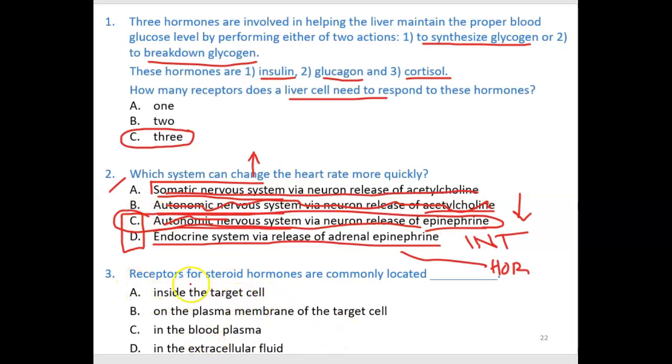Okay, number 3. Receptors for steroid hormones are commonly located where? Inside the target cell, on the plasma membrane, in the blood plasma, or in the extracellular fluid. And the answer, of course, is inside the target cell. One more slide.